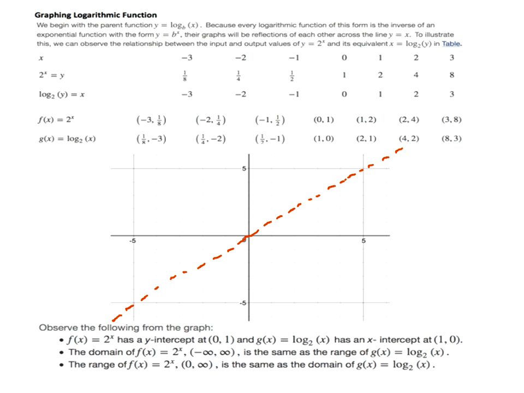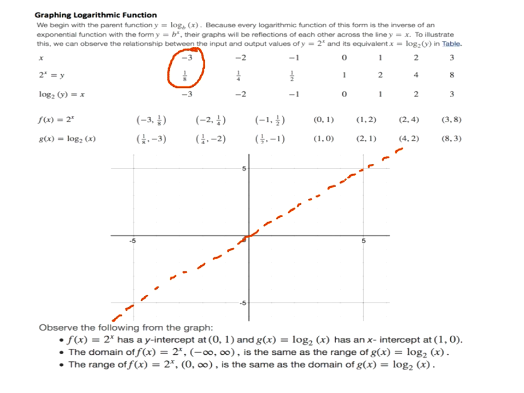All right, and for the sake of time, I went ahead and included the x and f of x tables here. So one thing I would like to point out is if I input -3 into my exponential function, I get out 1/8. But I have to flip-flop that for my logarithmic.